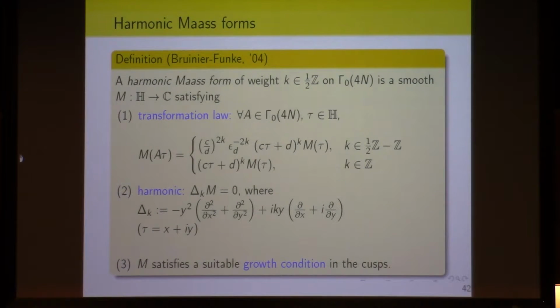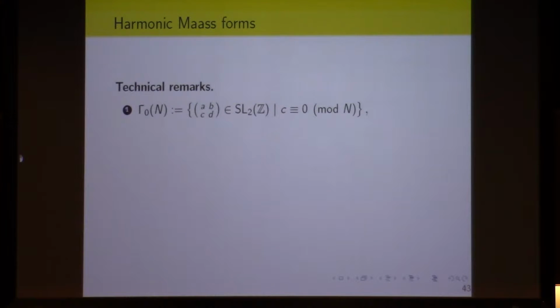So let me tell you a few more technical ingredients. Here's Gamma_0(N), this congruence subgroup of SL2, where the lower left entry should be congruent to 0 mod N. If we have a true half integer weight, for technical reasons we require 4 to divide N. We're using the Kronecker symbol, the Jacobi symbol.